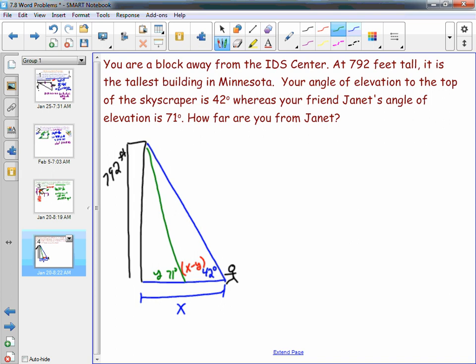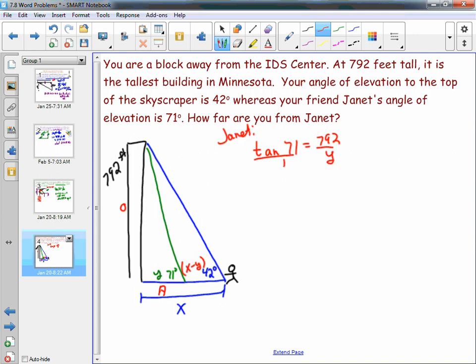So we are going to start with Janet. For both people, this measurement is the opposite, and then we have the adjacent. So for Janet, we have the tangent of 71 is equal to 792 over y.